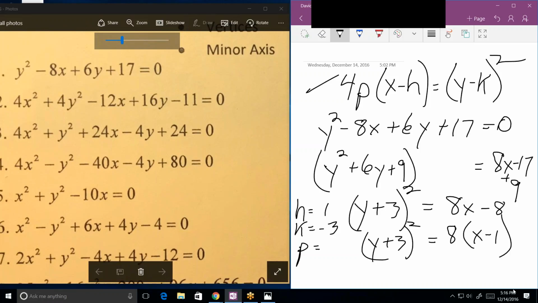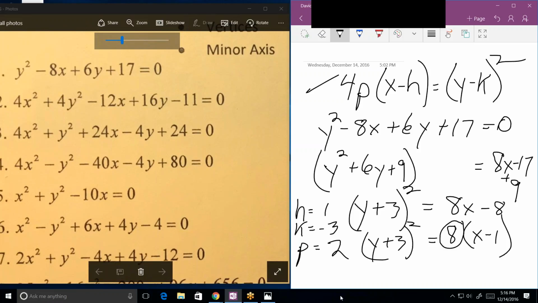Would that be 8? 4p is 8. Oh, so it would be 2 then, right? Yeah. In other words, we've got it in the exact format, so there's our 4p. Whatever's in front of the linear term, the x term, that's 4p. Whatever that number is, is 4p. And that makes p 2.